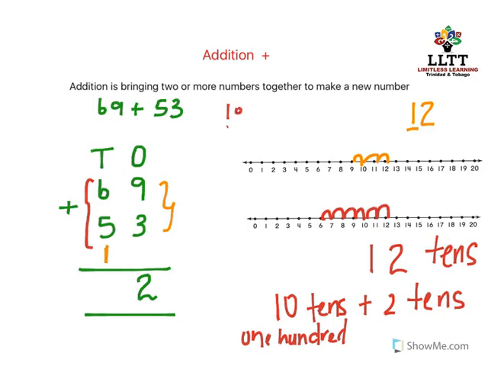We go 10, 20, 30, 40, 50, 60, 70, 80, 90, 100. So this is 1 ten, 2 tens, 3 tens, 4 tens, 5 tens, 6 tens, 7 tens, 8 tens, 9 tens, 10 tens. So 10 tens are 100. So 10 tens are the same thing as 100. So 100 and 2 tens are the same thing as 20.